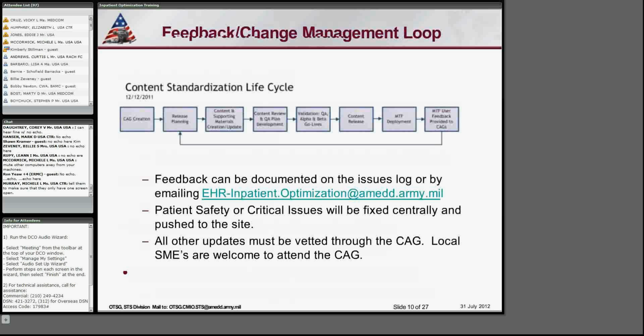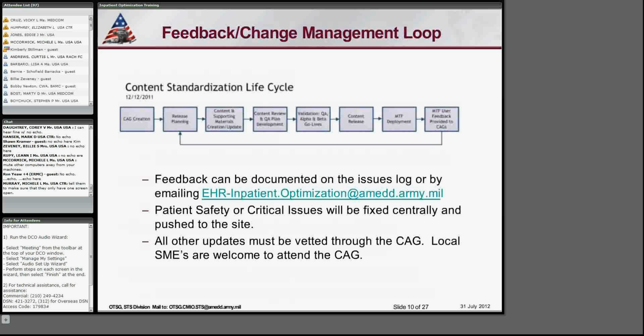So this is a content standardization life cycle. You can see here that we do the release planning. We go through content release, and then we look for feedback from the MTF users. The email address that you see there, ehr-inpatient.optimization@amed.army.mil, is for all CAGs.